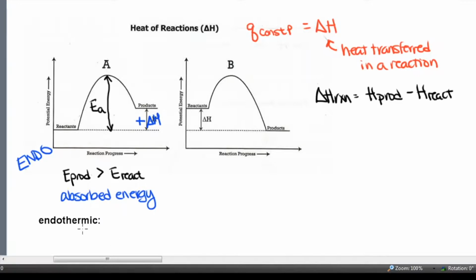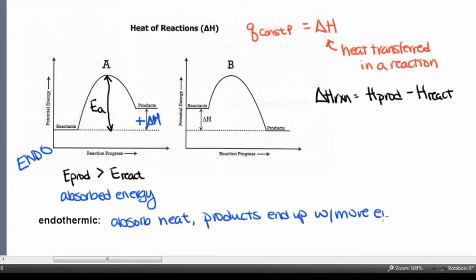So let's summarize endothermic reactions this way. Endothermic reactions absorb heat. The products end up with more energy than the reactants.